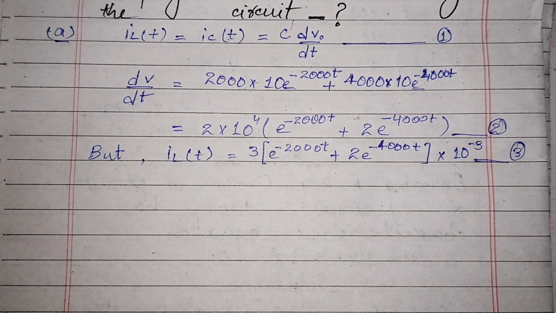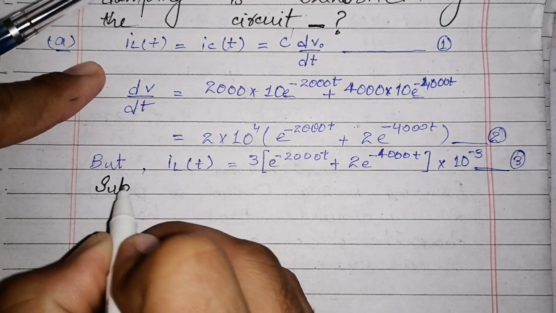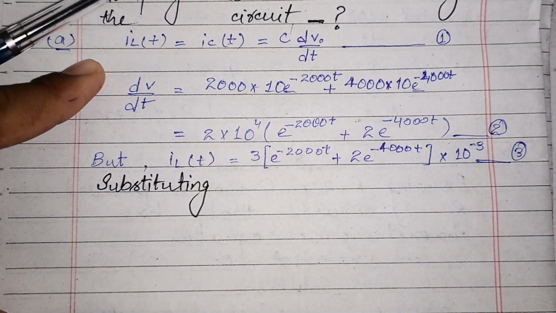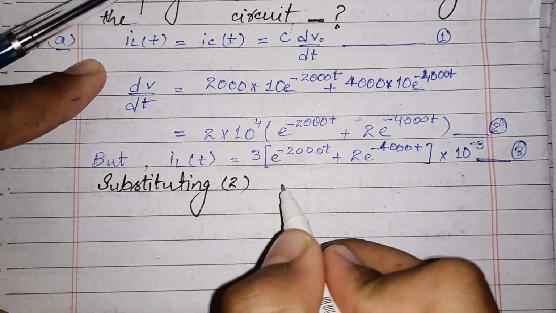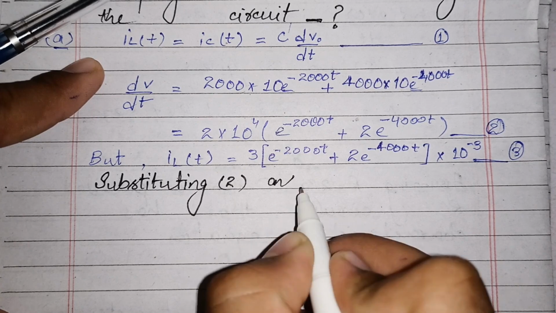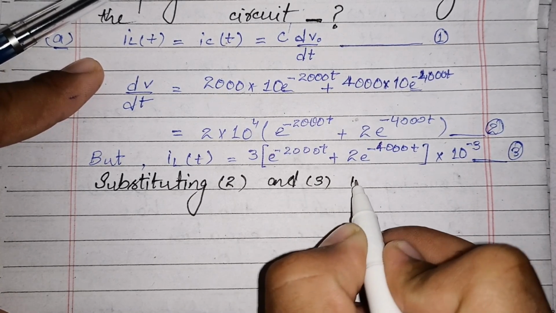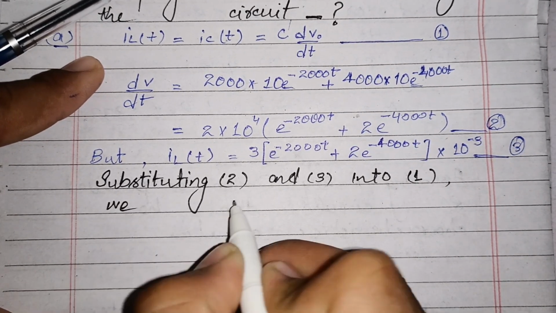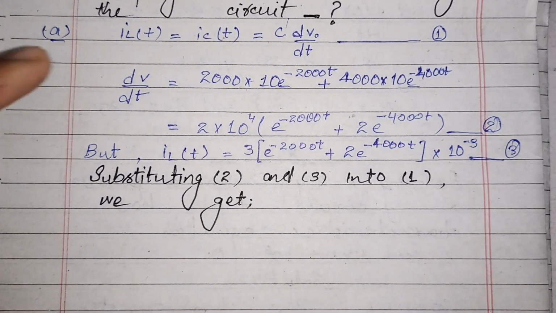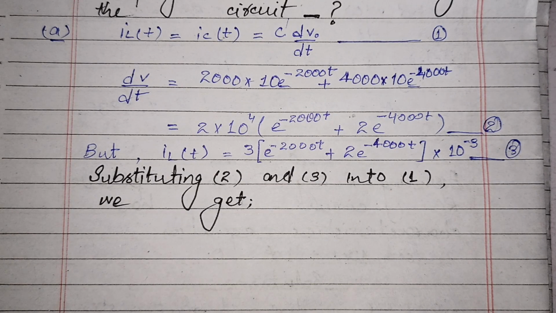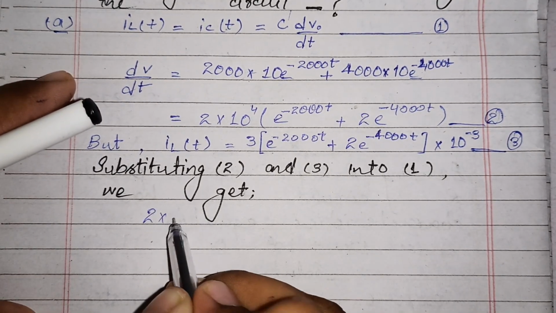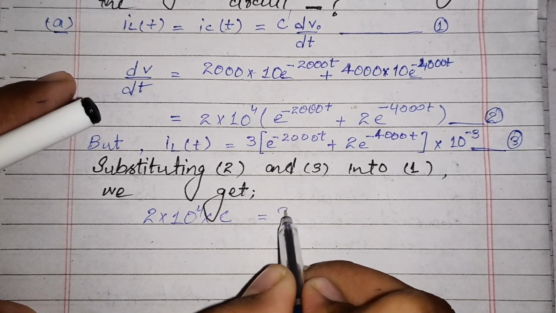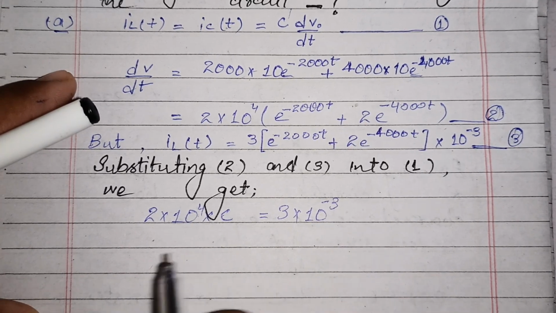Now substituting equation 2 and equation 3 into equation 1, we get 2 times 10 raised to power 4 times C is equal to 3 times 10 raised to power minus 3.